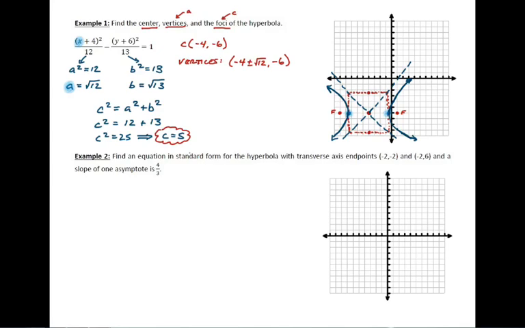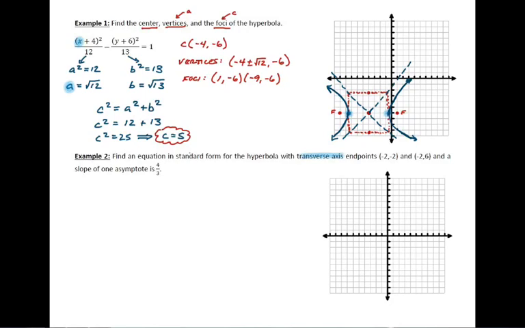I could actually sketch my hyperbola here. It looks something like this, open left and right. And then I should just identify the focal points. So it'd be 1, -6, and -9, -6. And again, that 1 and -9 just came from me adding 5 and subtracting 5 from my center. Takes me to those focus points.